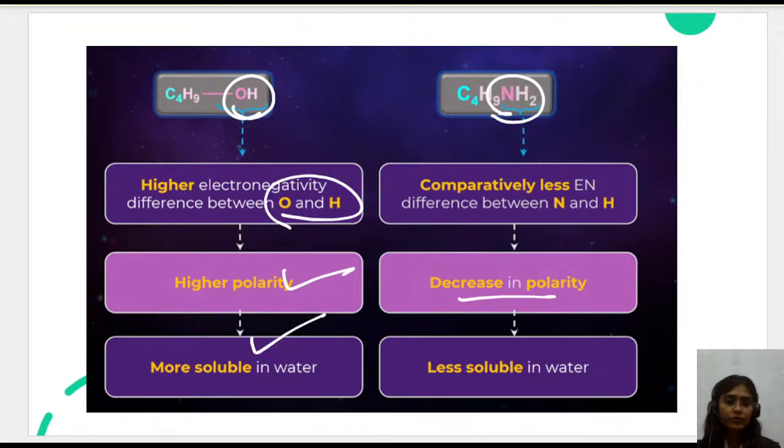The reason is hydrogen bonding. But if you compare alcohol and amine, alcohol is more soluble than the amine because of hydrogen bonding, since oxygen is smaller in size and highly electronegative. And then we discussed that moving from lower to higher number of carbons, the more carbons, the more the hindrance and the lesser the hydrogen bonding, so the solubility starts decreasing. Venom, I hope this point is now clear for you.